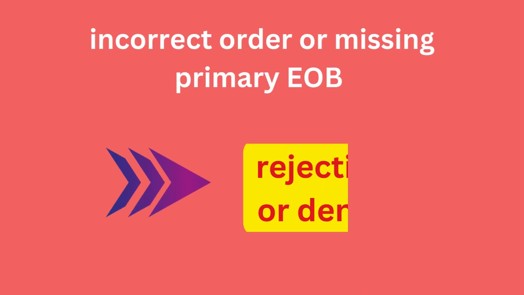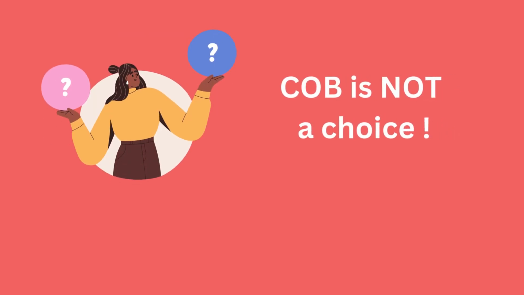Any incorrect order or missing primary EOB information will result in a rejection or a denial. So ignoring coordination of benefit is not a choice, but it is your responsibility to report.